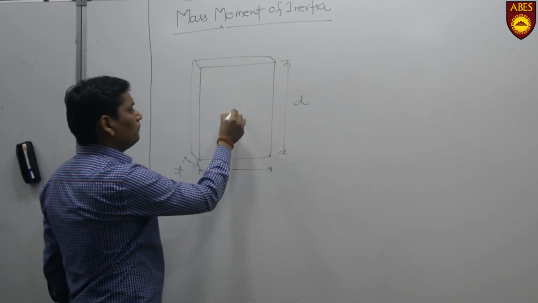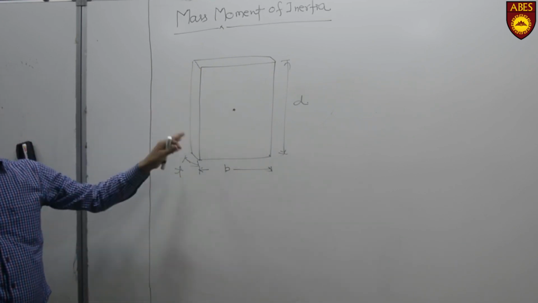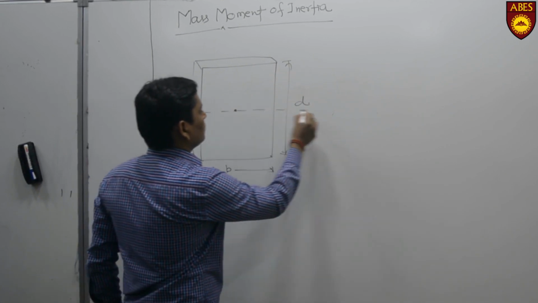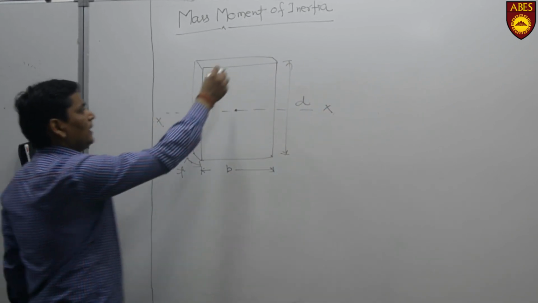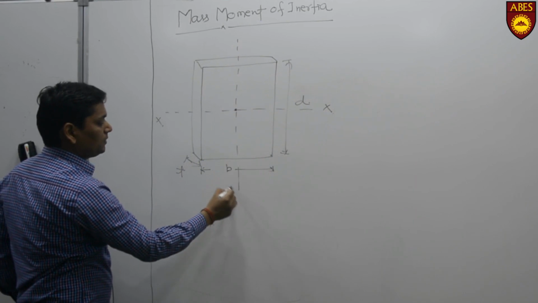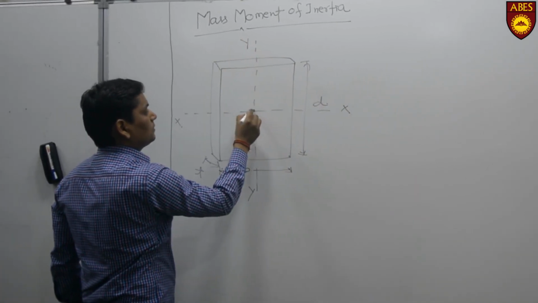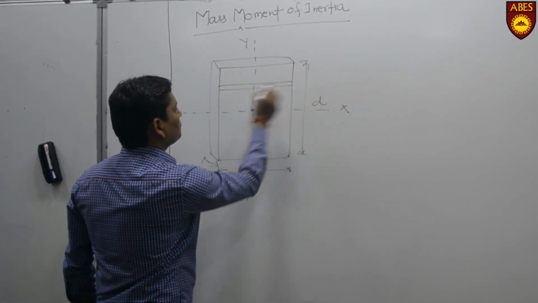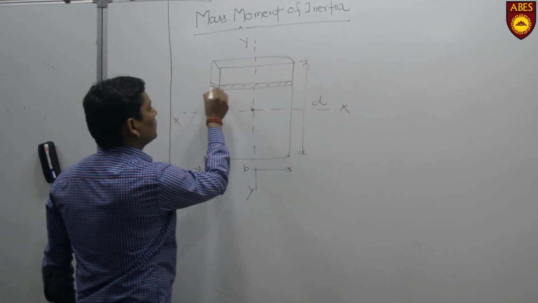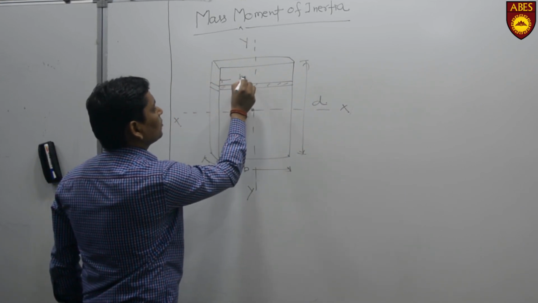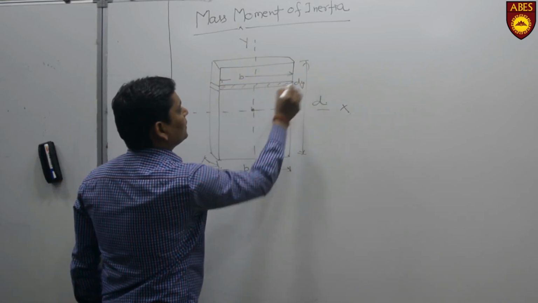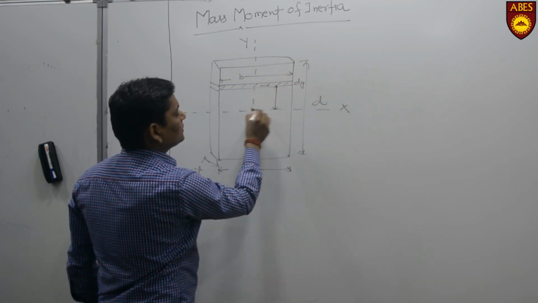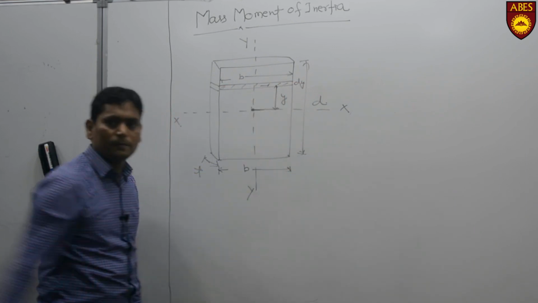This point will be the centroid of this rectangular section. This line will be the x axis and this line will be the y axis. I have considered a small strip. The width will be small b and depth will be dy, and the distance from this strip to the centroidal axis will be y.